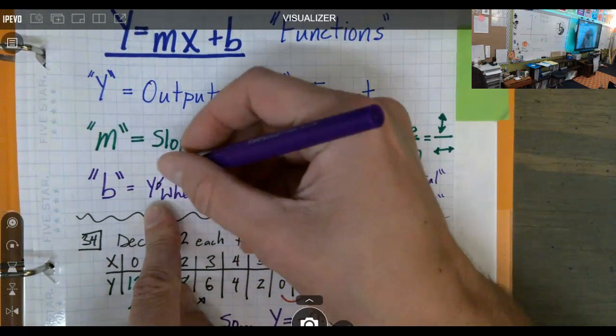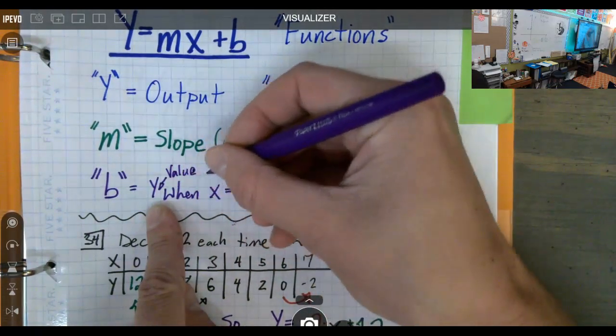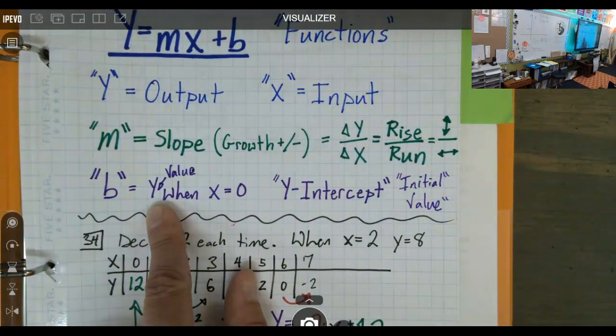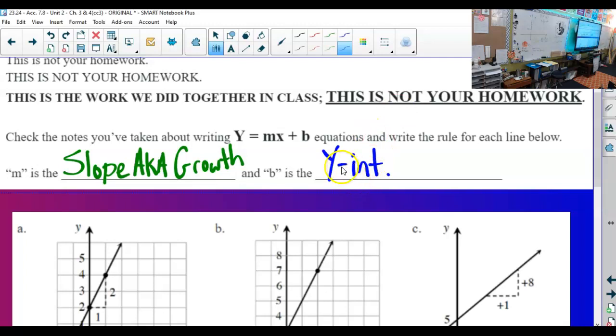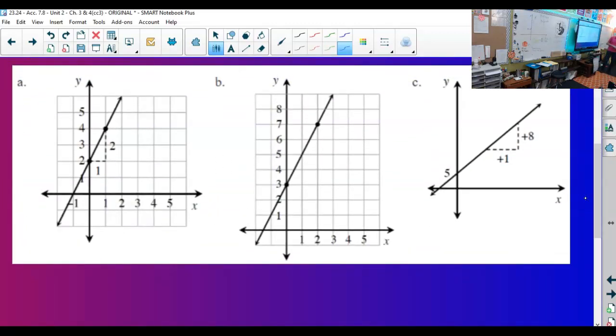So if you need to add something to your notes, y value when x is 0, it's where we're at on the y-axis, right? That's why we call it the y-intercept. We can also call it the initial value, but that's not always actually true because sometimes we started in the negative x's. So Gus, are you able to help me with A and what our rule would be there?